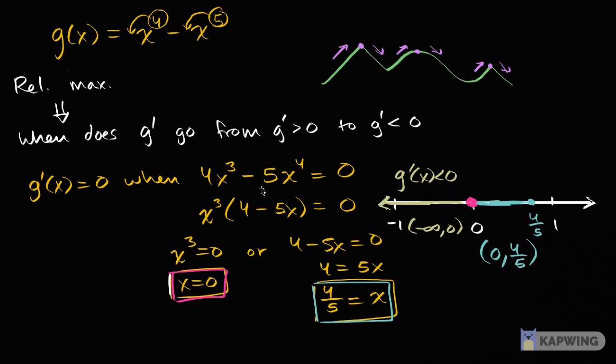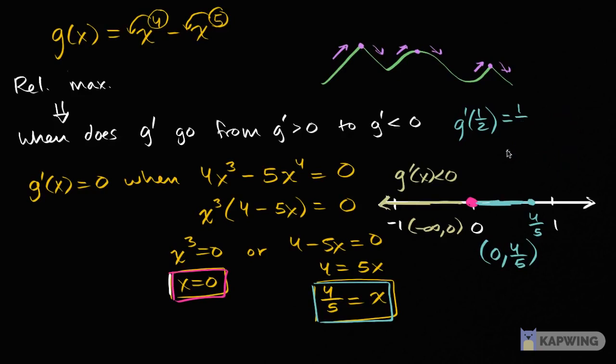So we can evaluate g prime of 1/2. g prime of 1/2 is equal to 4 times 1/2 to the third power. 1/2 to the third power is 1/8, so it's 4/8, or just 1/2, minus 5 times 1/2 to the fourth, so that's 5/16. So this is 8/16 minus 5/16, which is equal to 3/16. But the important thing is it's equal to a positive value.